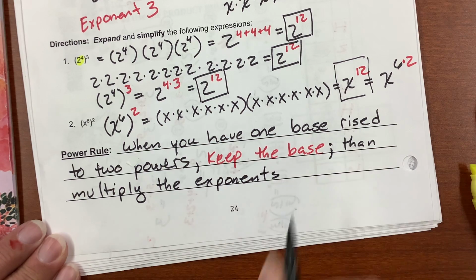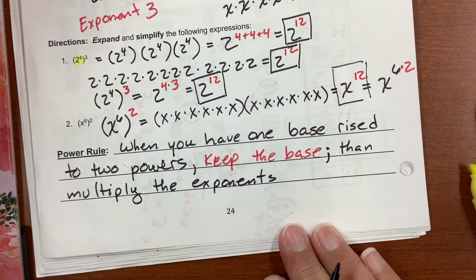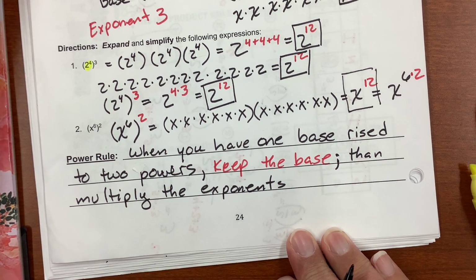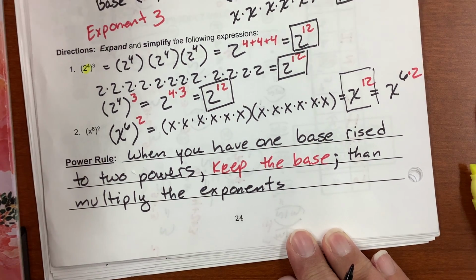Ha, that's going to be good. All right. When you have one base raised to two different powers, well, they don't have to be different, they could be the same. When you have one base raised to two powers, keep the base, then multiply the exponent.